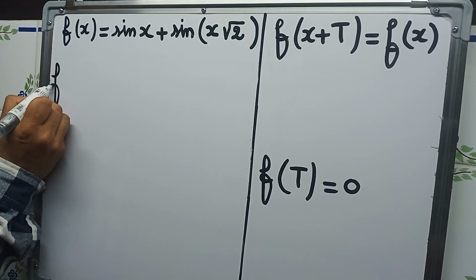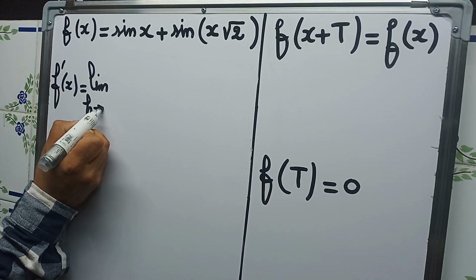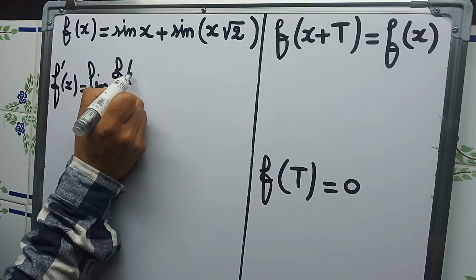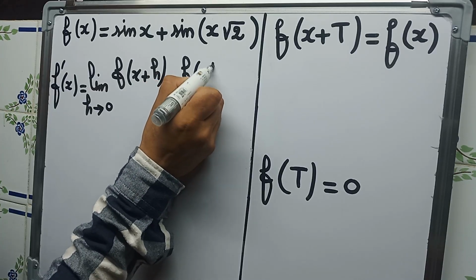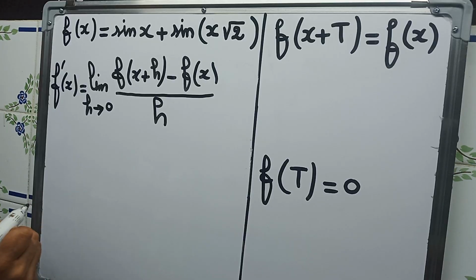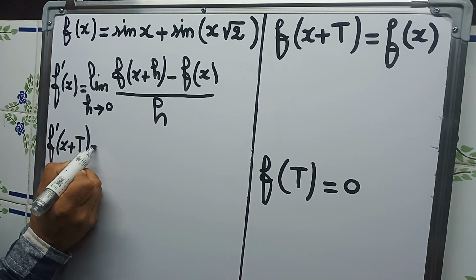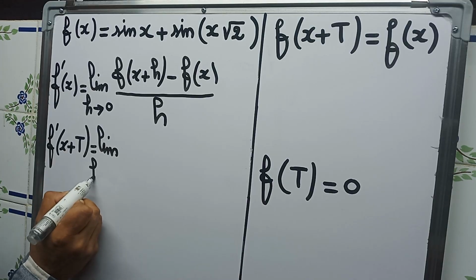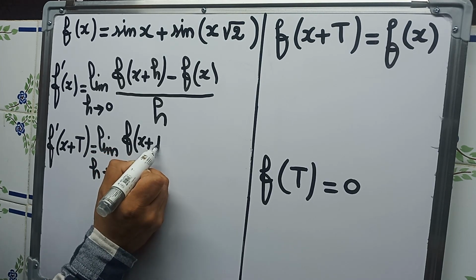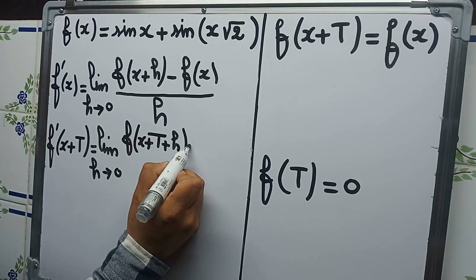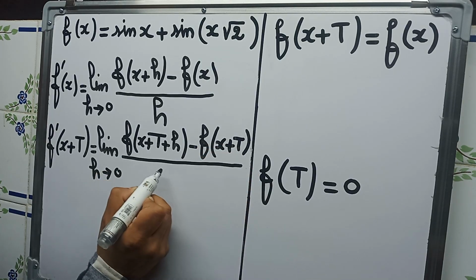We know that f prime of x is equal to the limit as h approaches 0 of f of x plus h minus f of x over h, and also f prime of x plus t is equal to the limit as h approaches 0 of f of x plus t plus h minus f of x plus t, of course, over h.